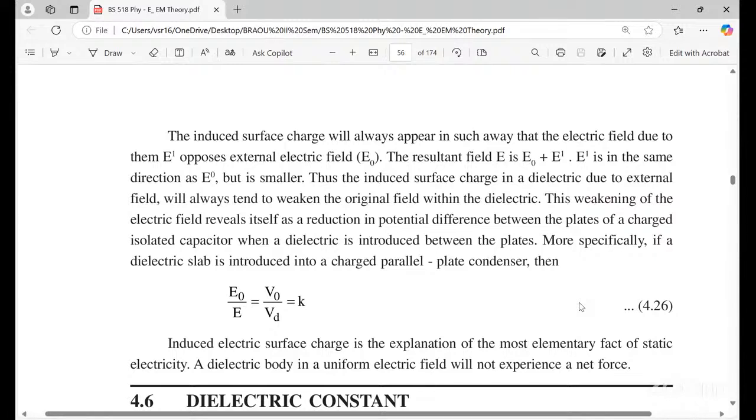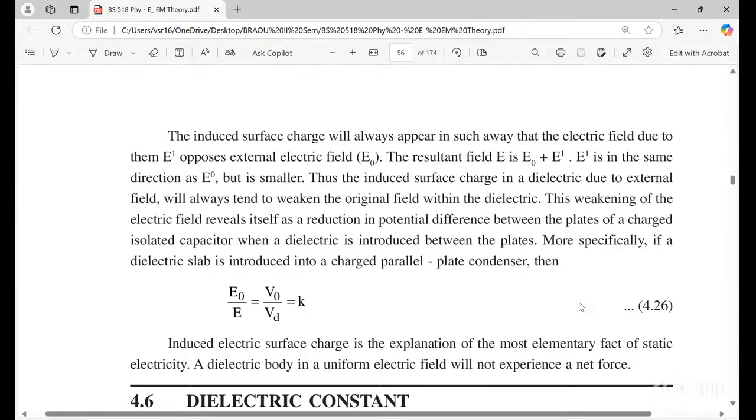The induced charge in the dielectric, which is due to the external field, tends to weaken the original field, and this reveals itself as a reduction in the potential difference between the plates of the charged capacitor.